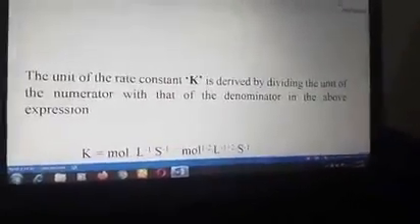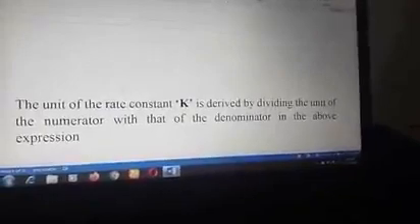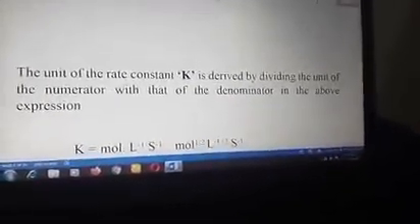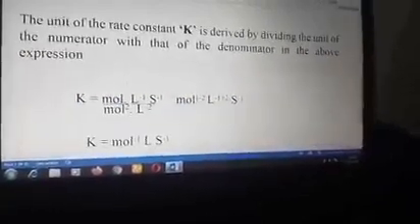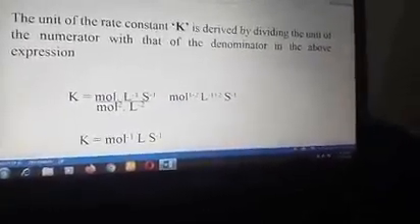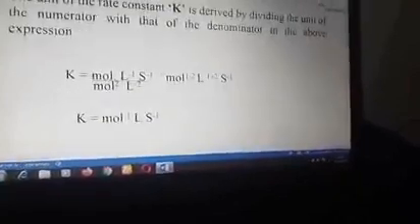The unit of K should be derived accurately. How do we get the unit of K? We divide the unit of the numerator by the unit of the denominator, as in the above expression. Look at the numerator, mole per liter per second, divided by mole squared, liter squared.